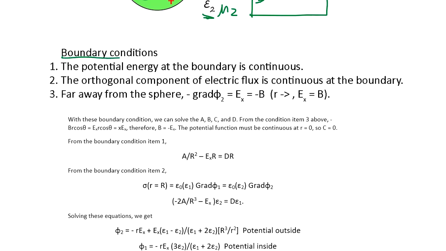Now the boundary condition is that the potential at the boundary is continuous. So phi 1 and phi 2 should be equal. It has to be continuous. The orthogonal component of the electric flux is continuous. That means the derivative of phi 1 and the derivative of phi 2 are also equal.